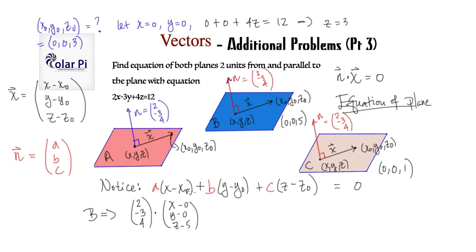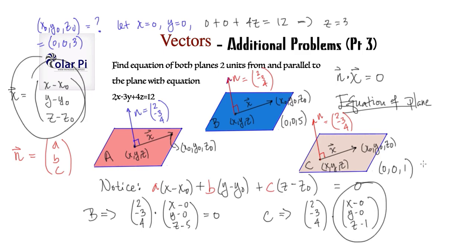And so n dot x equals 0, right? And then for finally this tan plane, we've got the same n vector as we said. The only difference is the x0, y0, z0, which this time is going to look like that, right? Okay, cool. And so again, n dot x equals 0, and there we are.